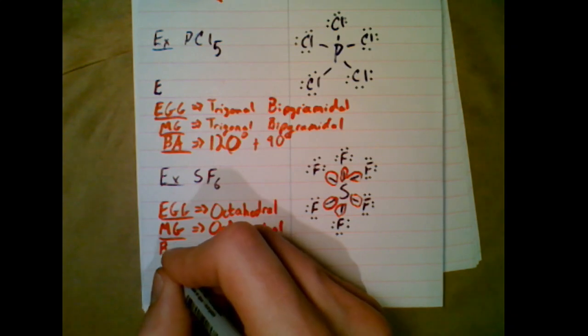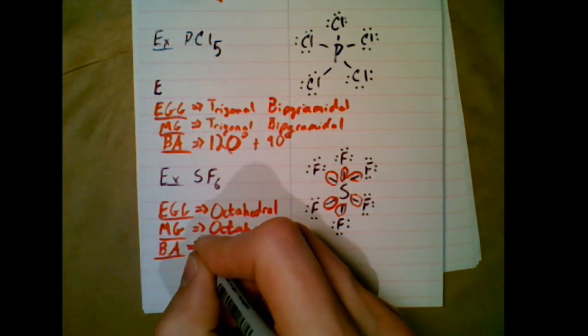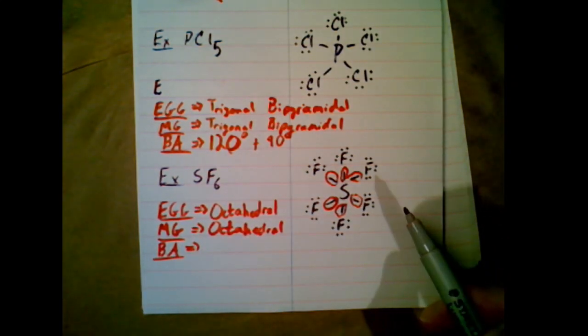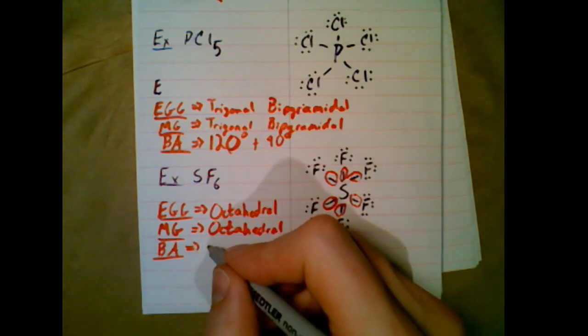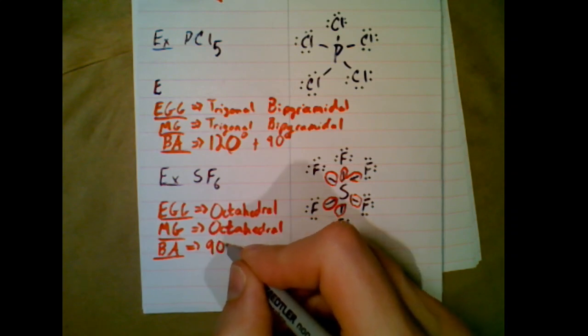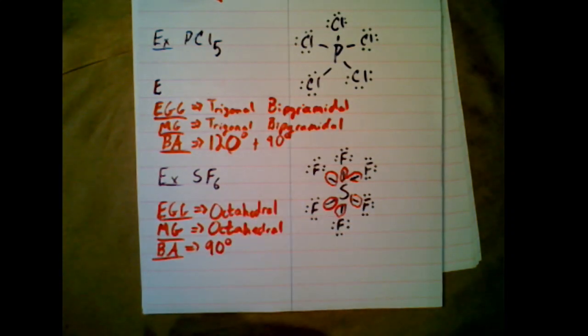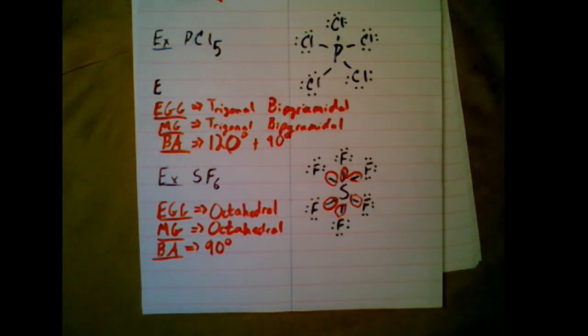Now, in a molecule that is octahedral, there is only one bond angle. Everything in an octahedral structure is 90 degrees apart. And so that's what you end up getting, a 90-degree bond angle for everything in a structure that is octahedral.